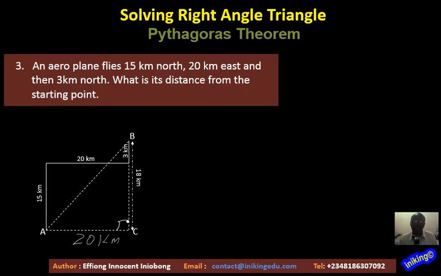Next, we apply the Pythagoras Theorem. Which of these sides will be our hypotenuse? Clearly, we can see AB is the hypotenuse because it's facing the right angle. So I state that AB square is equal to the sum of the squares of the other two sides, and both of them, one is AC and the other is BC.